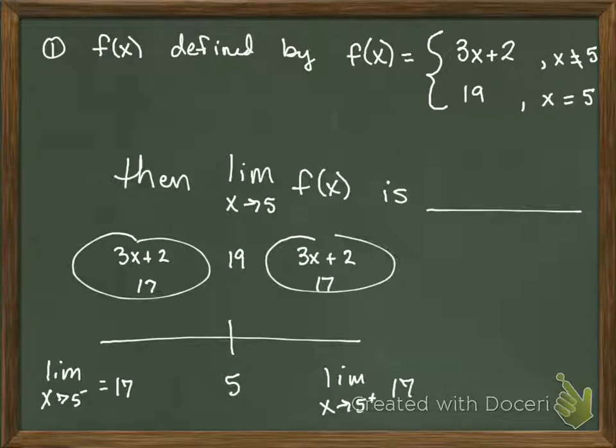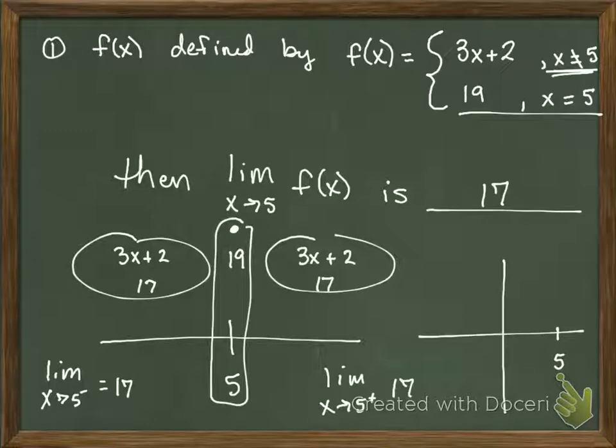So even though it jumps up to 19 at 5, does the limit from the left hand and the right hand exist? Yes. Are they the same? Yes, because it's 3x plus 2 on both sides, because when x is not 5, then it's 3x plus 2. So the only time that it's not that is when it is 5. So anything else is 3x plus 2.